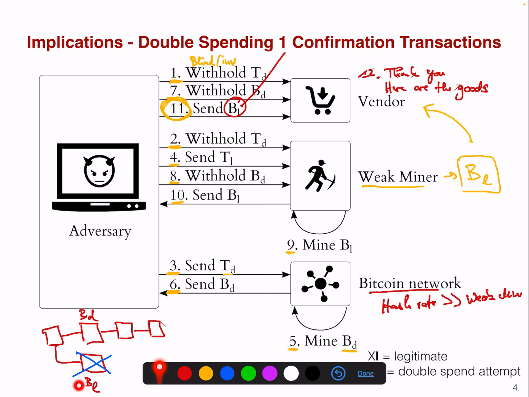Now, what we've done here is we've shown that you can actually do this kind of double spending if you collaborate with a weak miner. I mean, there are a few assumptions. For example, there's the assumption that there is no kind of fiber network, right? There's no direct connection between the miners.